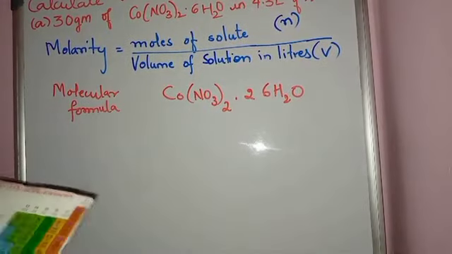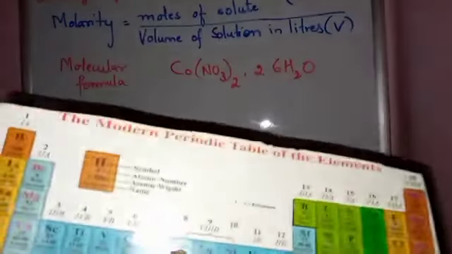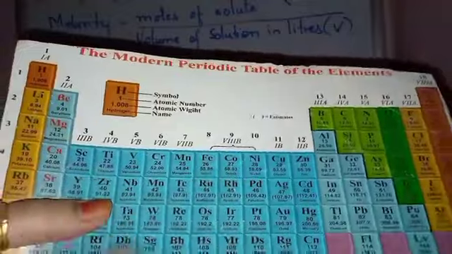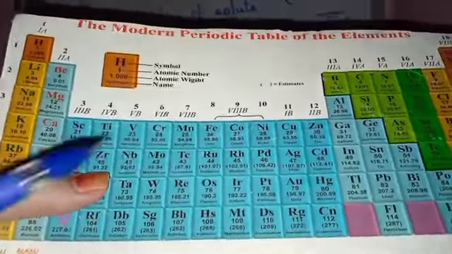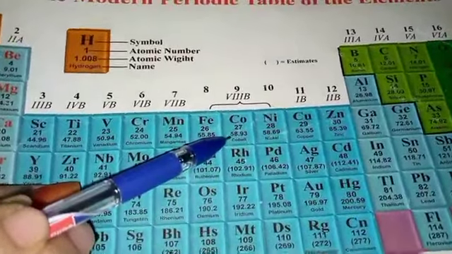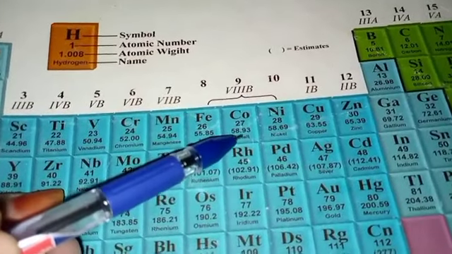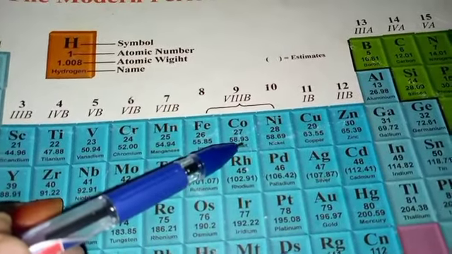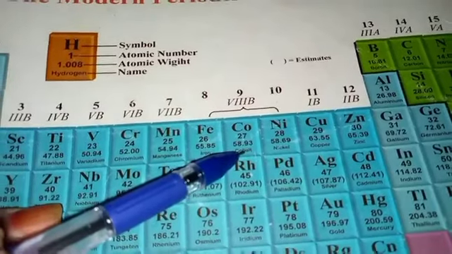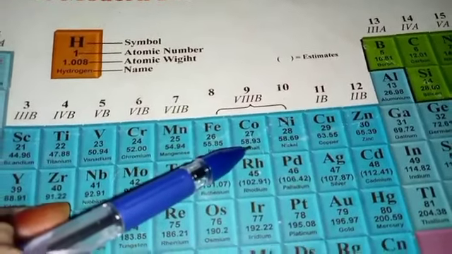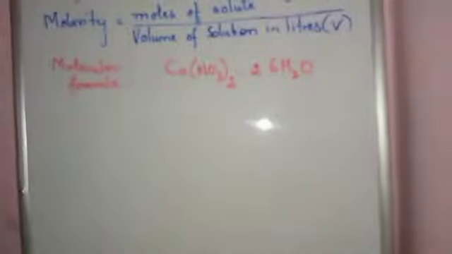Let's see. Can you see this? Cobalt, 58.93. We have to select this one. This is the atomic weight. Since it is having 9, we have to change it. As per the significant figures, we will take it as 59.